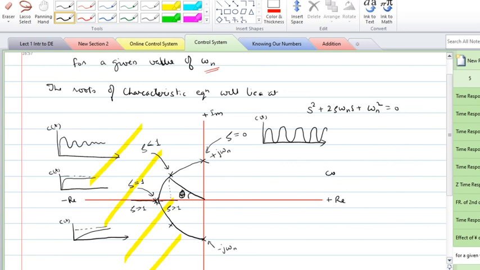This cos of theta is zeta. This implies that theta equals cos inverse zeta. And this distance will be equal to omega n under root 1 minus zeta square, whereas this distance will be equal to zeta omega n.